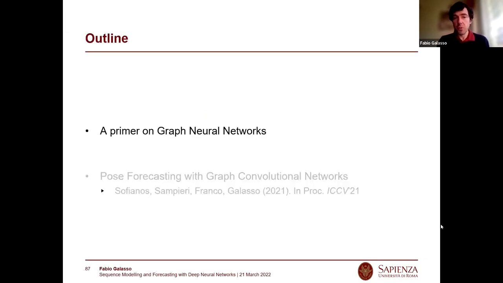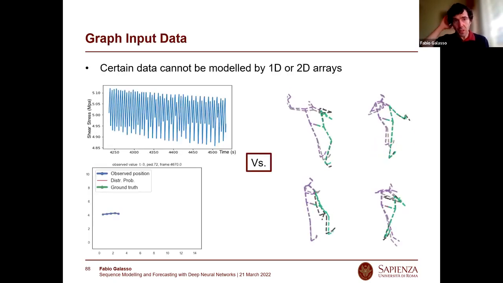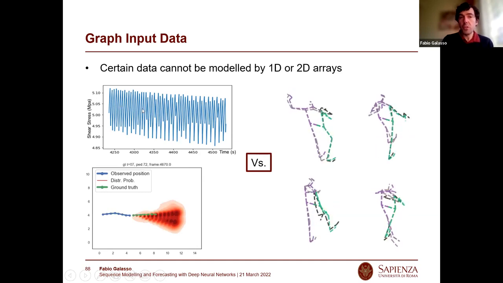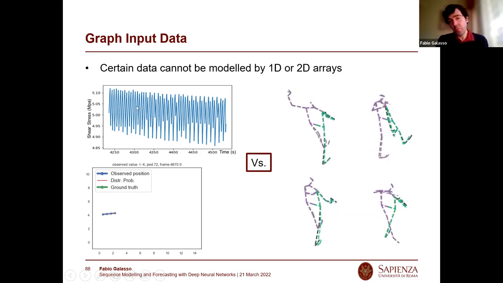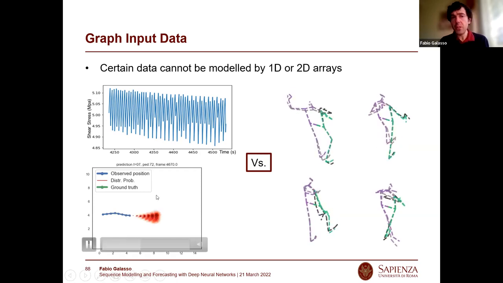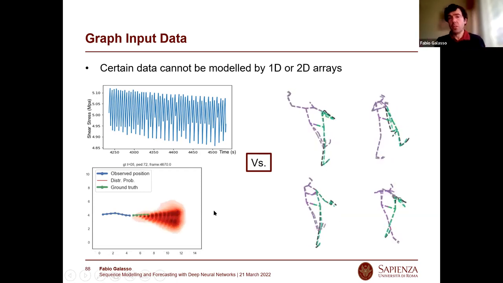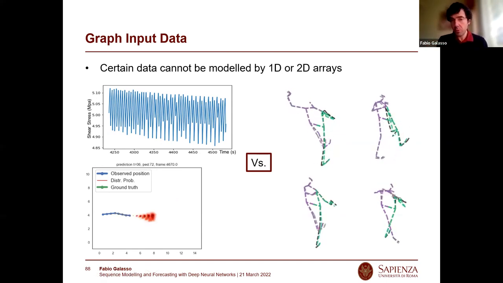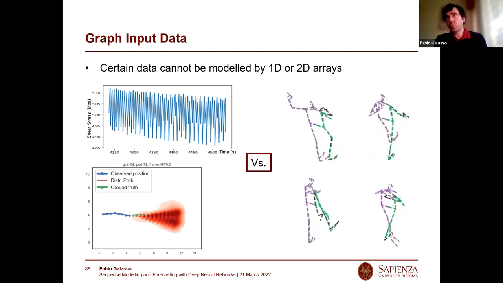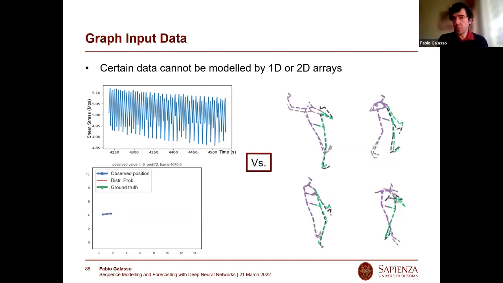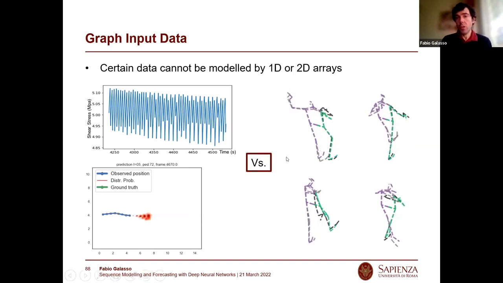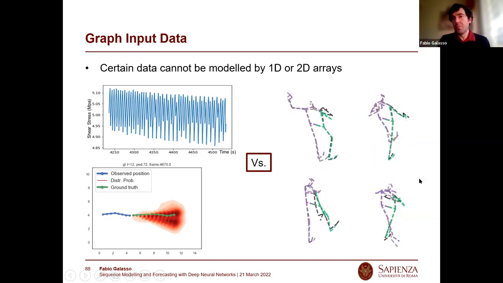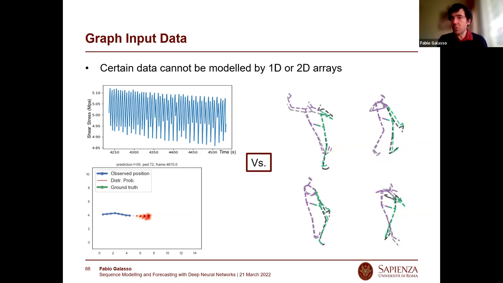So let me start with a primer on graph neural networks. The thing you've seen here is a one-dimensional signal. We can consider a plane as a grid where people are moving through, and this is then a two-dimensional problem. But in many cases, we don't have a grid. For example, in the case of a person moving, where you actually have joints, you don't have a grid.